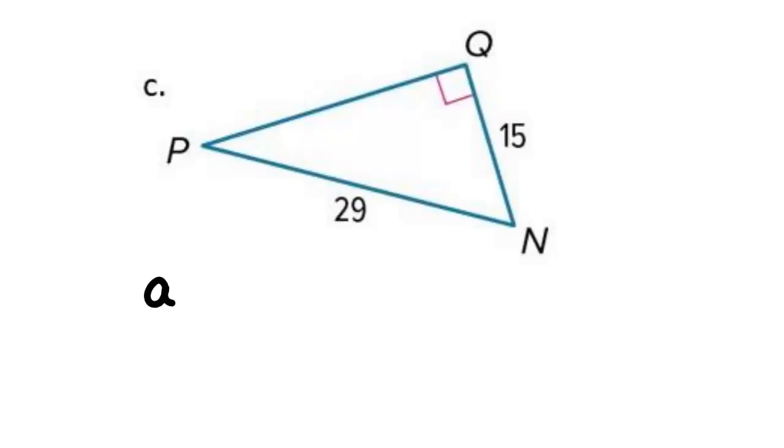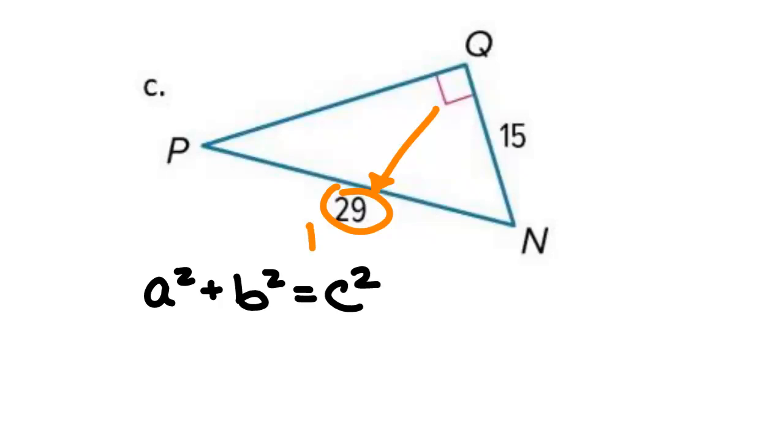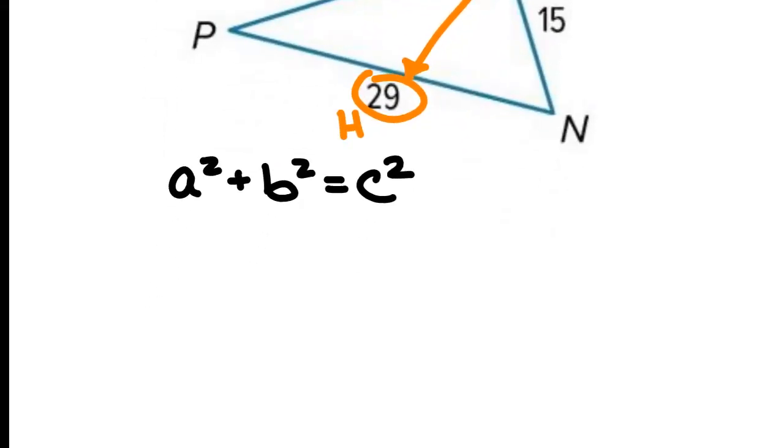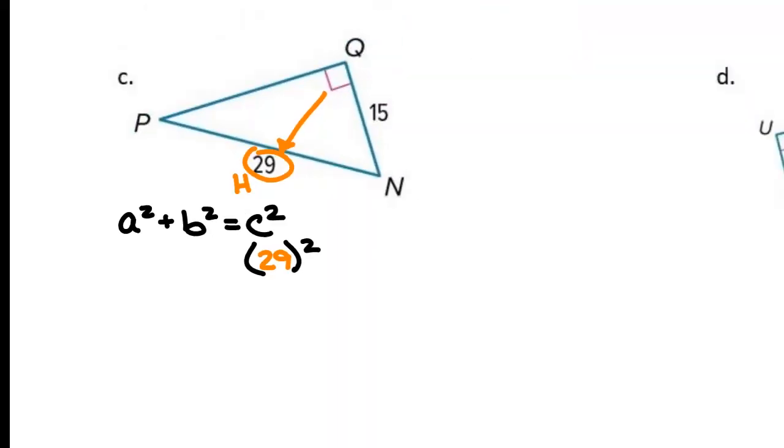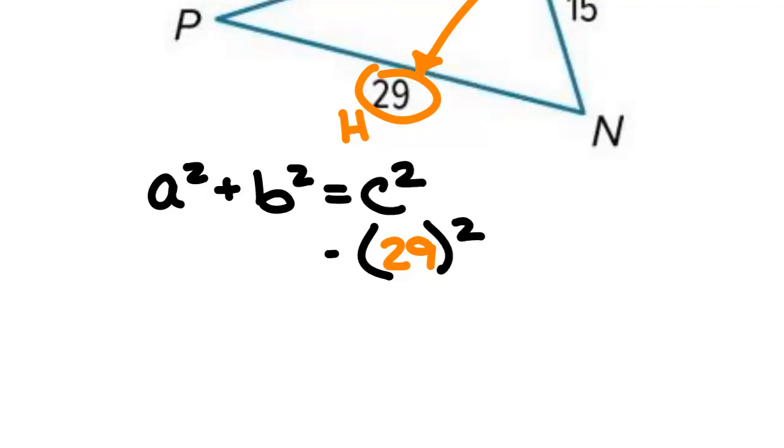Pythagorean theorem. A squared plus B squared equals C squared. C has to be the hypotenuse, so 29 has to go in for C. A or B could be the 15.